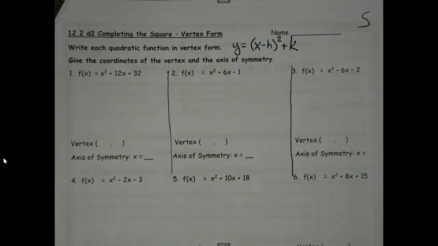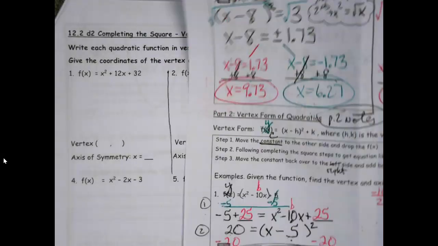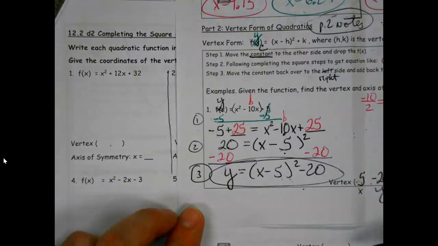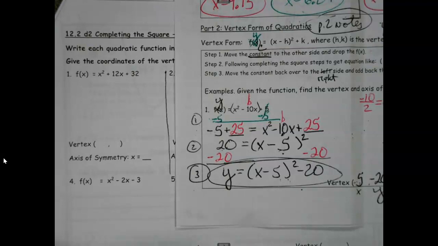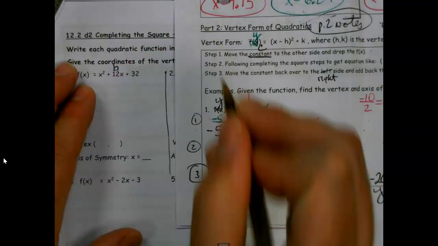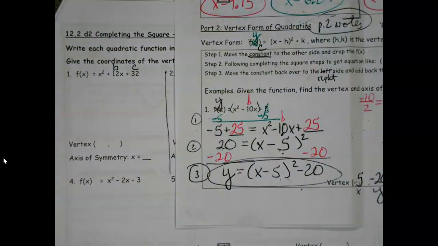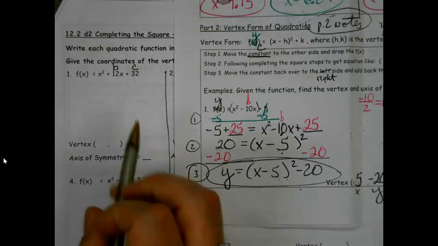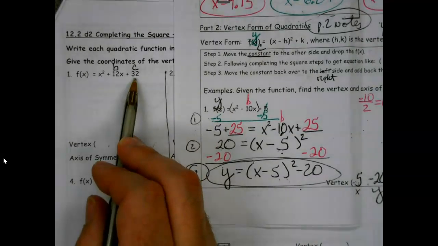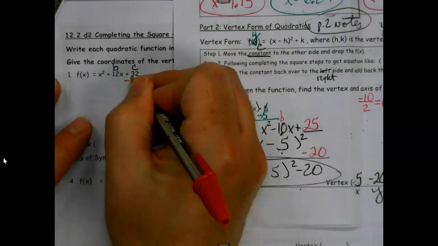So if I do my first one, again, I'm going to try to use my help here to see how things are going. So here's B. Here's C. Those are the only two things I really need to know when I'm doing my work this time. So my first job, get your C value, get your constant to the other side.